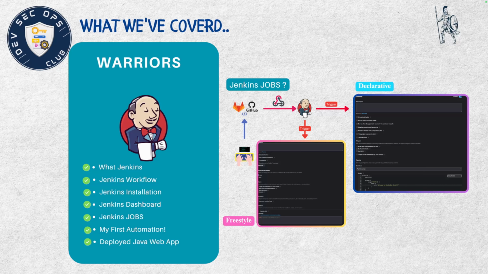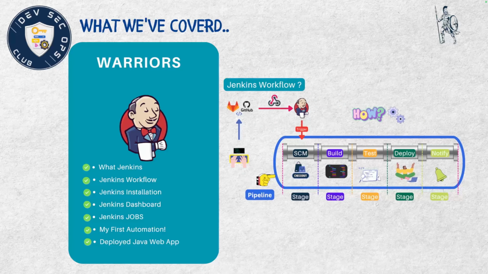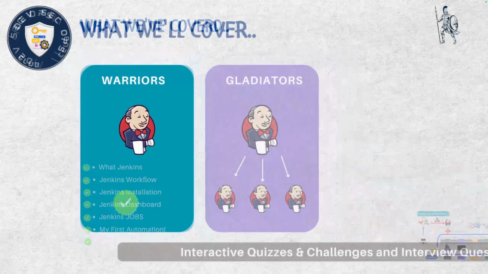Then we also talked about which kind of jobs we can create in Jenkins, and in the last session we created a freestyle job and deployed a Java based web application using the freestyle job. We also discussed in detail what our responsibility is as a DevOps engineer. I also talked about the Jenkins workflow. That's what we discussed in the previous session.